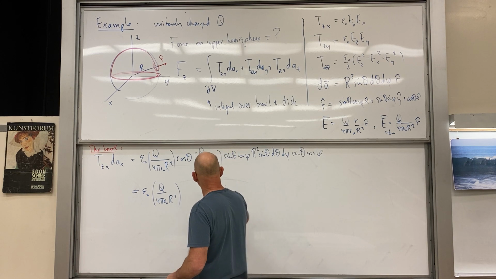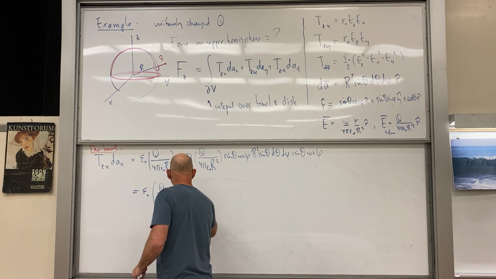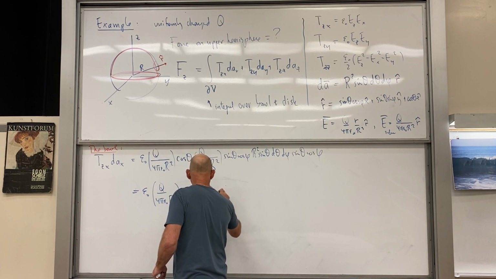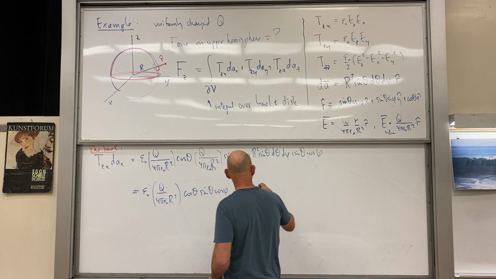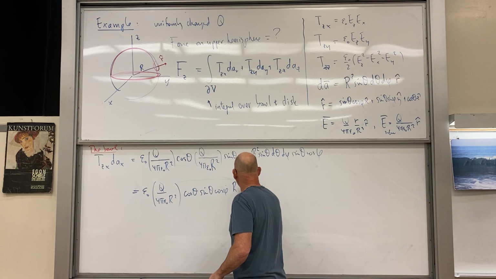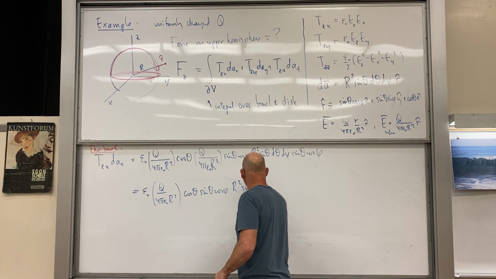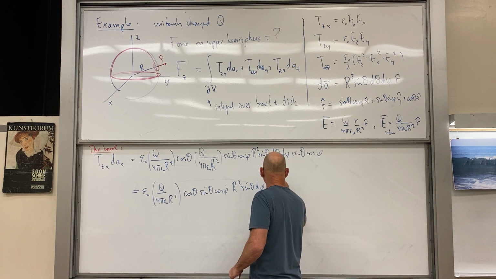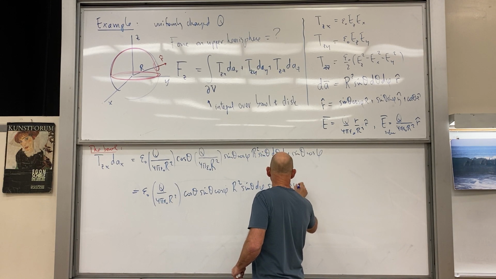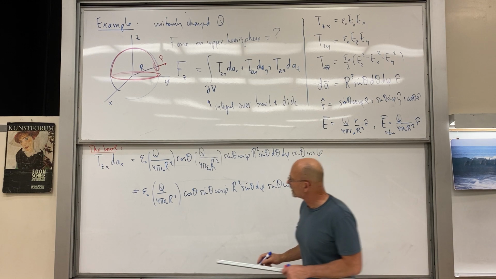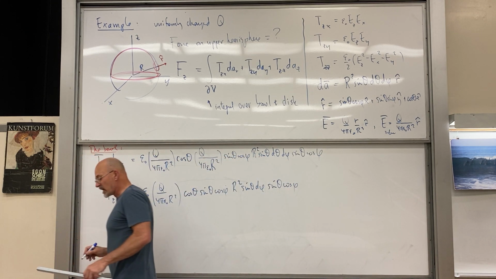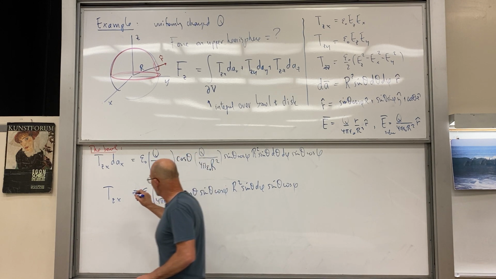And then we'll have cos theta, sine theta cos phi, r squared sine theta d phi, sine theta cos phi. So the other ones are going to be constructed the same way. This is dAx.